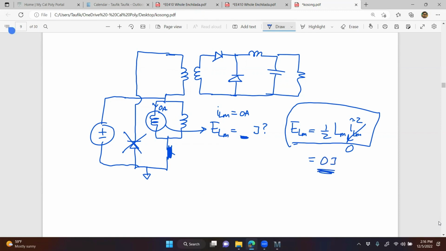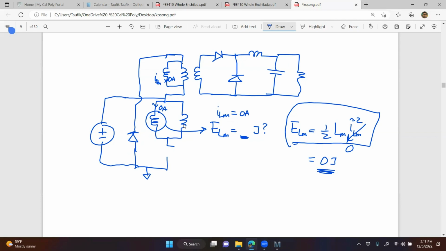If there's no energy being stored in LM when the switch is on, now if I turn off the switch, it will force the diode to turn on. But then LM is trying to discharge this way, but there's no current, right? So if there's no current, here's 0 amps, then there should not be any current flowing to the reset winding here.